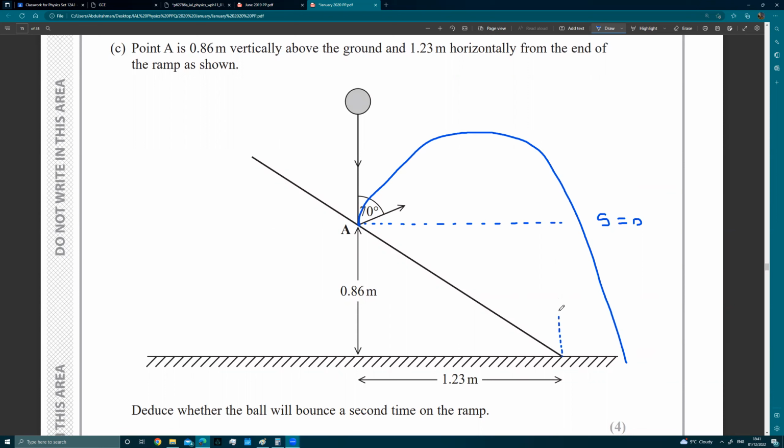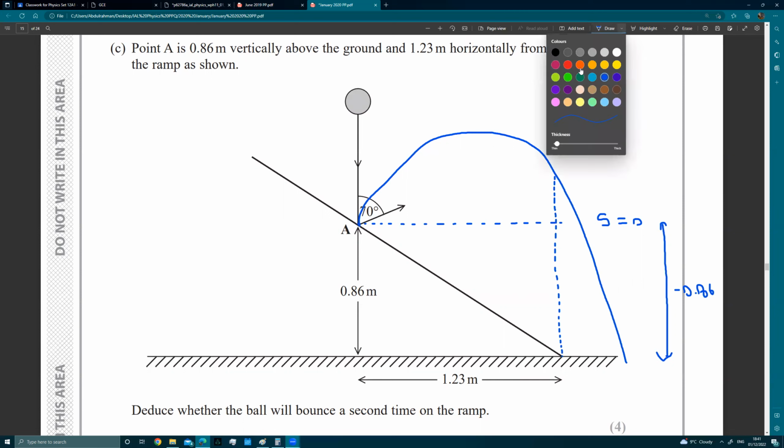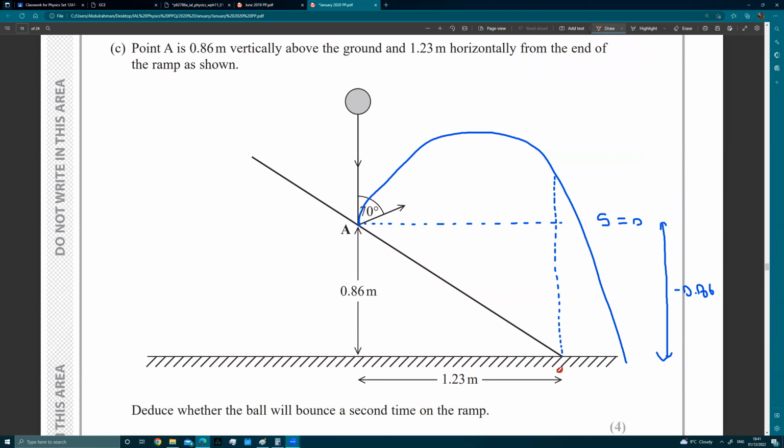At this point here, your vertical displacement had to be less than minus 0.86, because by the time it reached this position, you wanted it vertically to be anywhere above here, and then it would not have bounced the second time. Does that make sense?